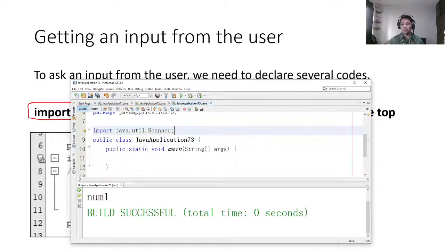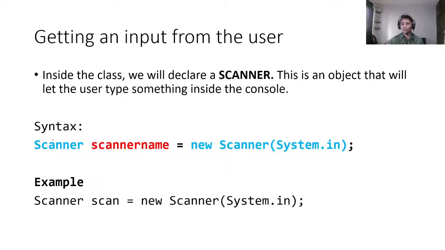So once this is written, the next thing that we will do is declare a scanner, much like declaring a variable. We will declare an object and we will name that object. So this is the syntax. We have the keyword Scanner.